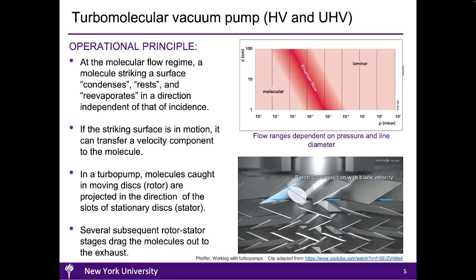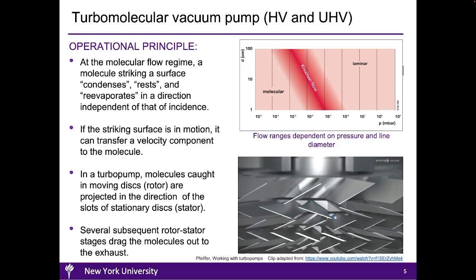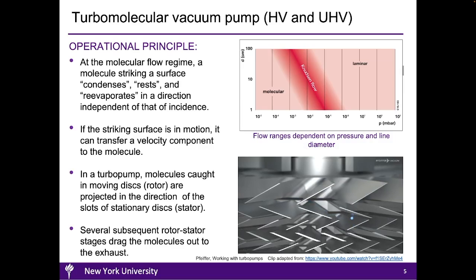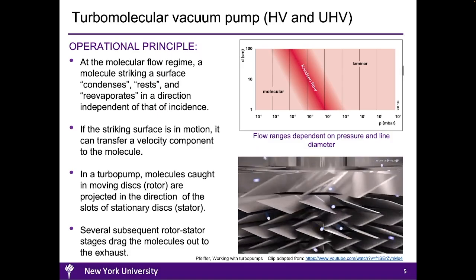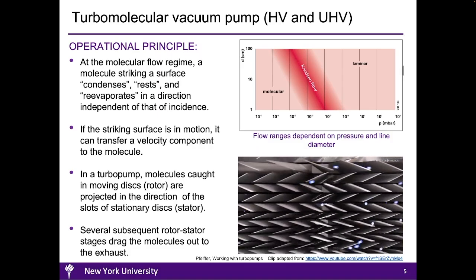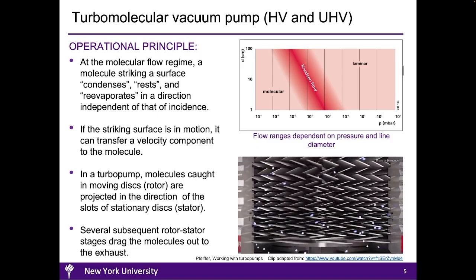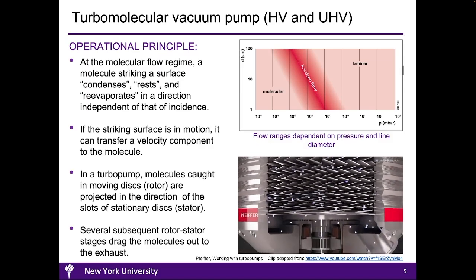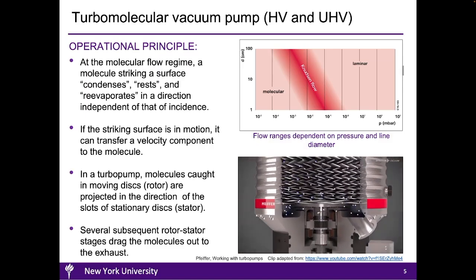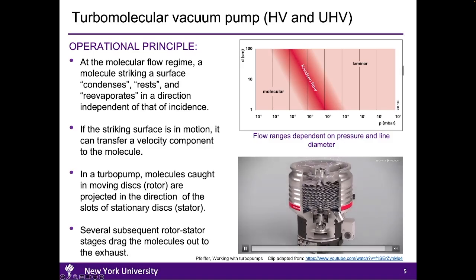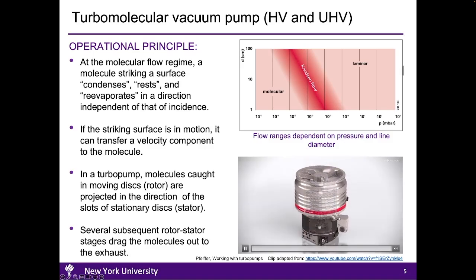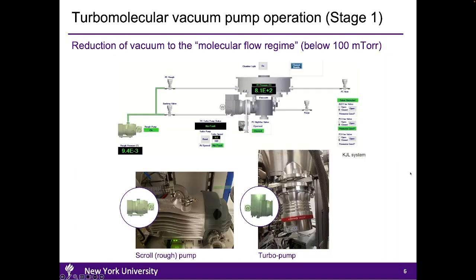Upon a collision with the upper rotor disc, the gas molecule changes its trajectory again, downward toward the exhaust. As you can see here, the blue particles, the gas molecules, go through this process alternately and get evacuated from the exhaust. Let us now review the evacuation procedure of a vacuum chamber using a turbopump.